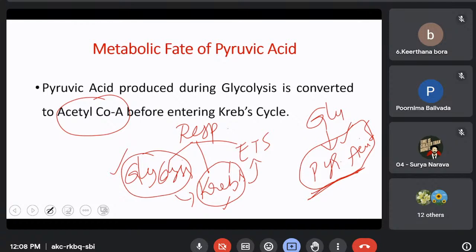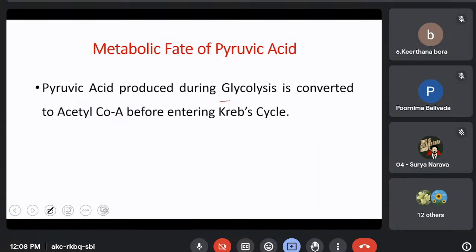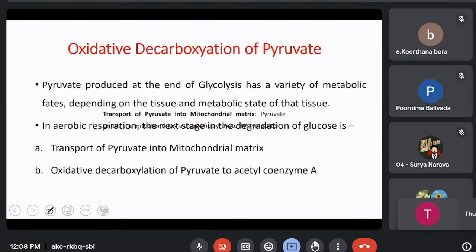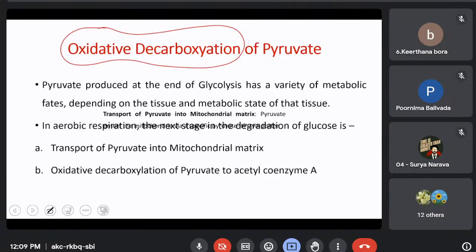So pyruvic acid produced during glycolysis is converted to acetyl-CoA before entering the Krebs cycle. That is the metabolic fate of pyruvic acid. The reaction involved here is called oxidative decarboxylation.